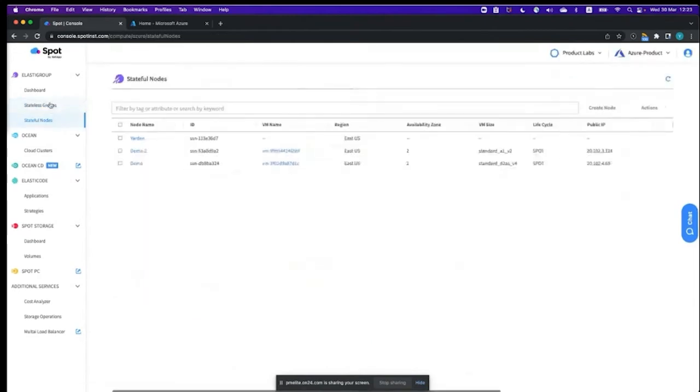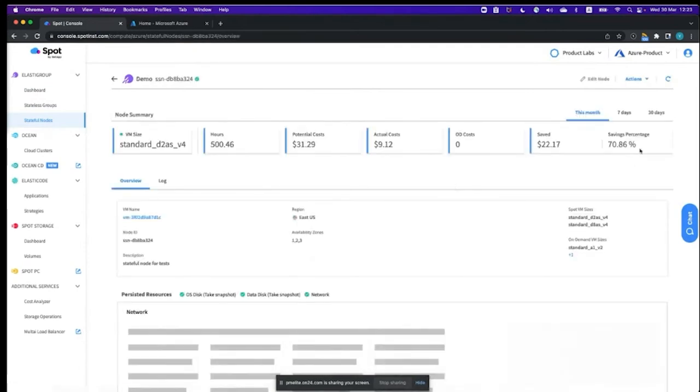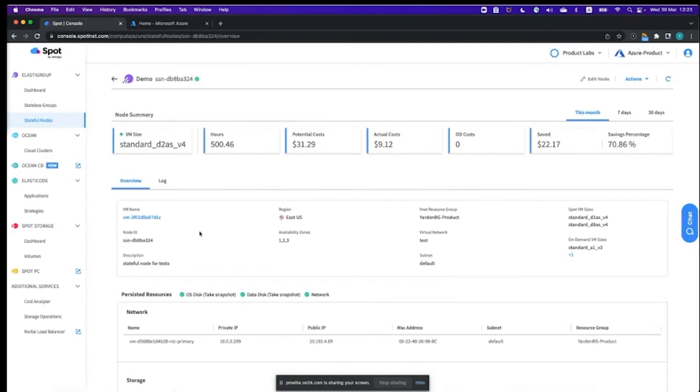We were seeing stateless groups, fine. Those are groups with stateless capabilities. The stateful node is the one we discussed that has stateful capabilities for single-instance use cases. Here we are seeing a couple of VMs. One VM that we are going to show here has 70% savings while it was running.